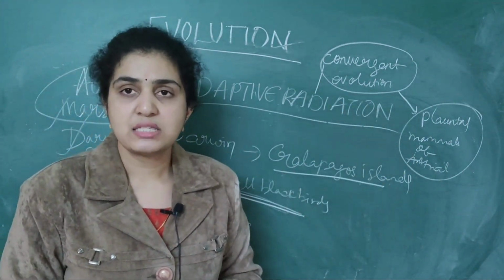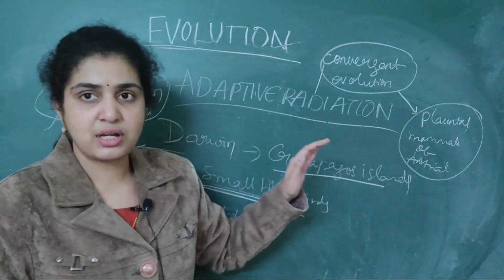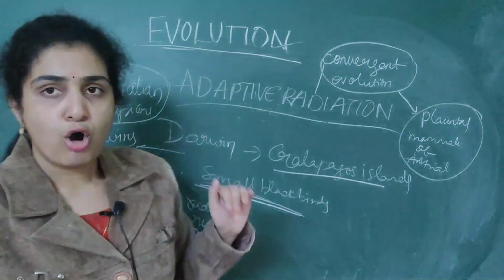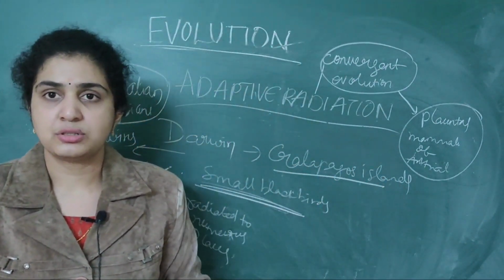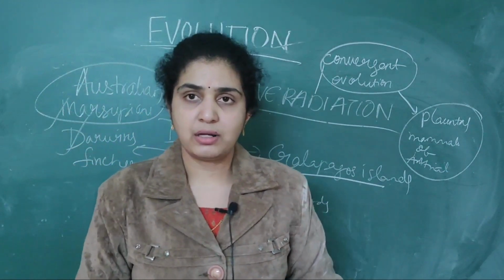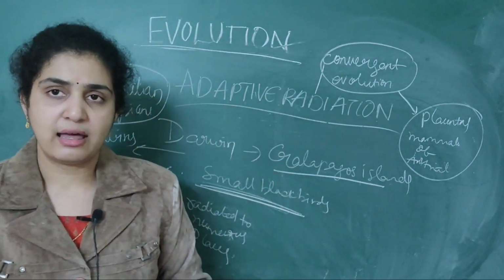The organisms that exhibit convergent evolution are the placental mammals of Australia as well as the Australian marsupials. So this is about adaptive radiation. In the next class we will see about biological evolution.